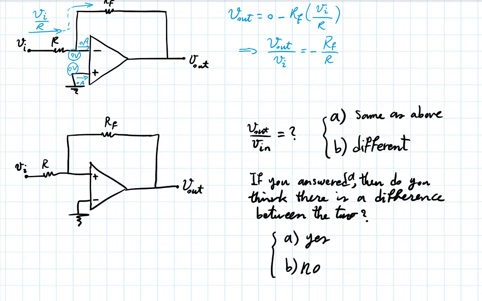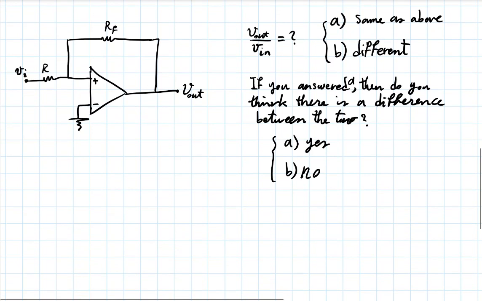Well, if I wanted to calculate the gain, what would I do? I'll start saying 0 volt here. So that would translate to 0 volt there, would give me V I over R. And then 0 current here as before. So this is going like that.